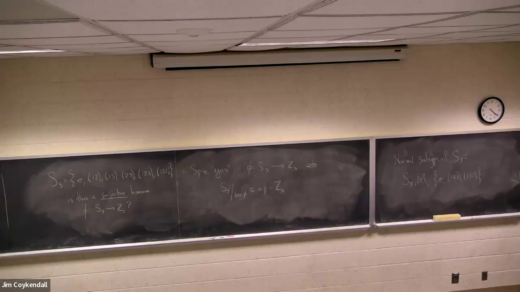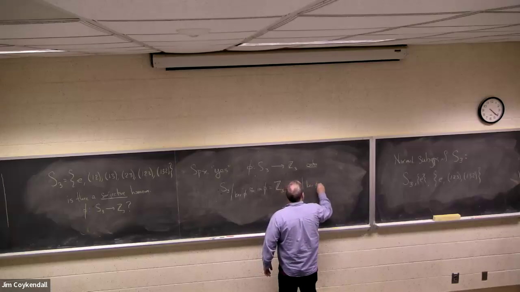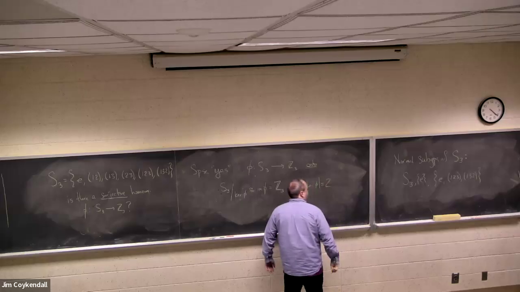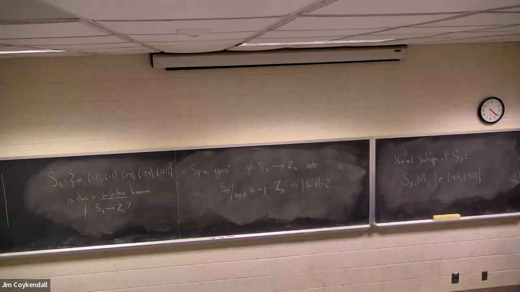That would be 2. Agreed? And the kernel of phi is always a normal subgroup, right? S3 has no normal subgroup of order 2, so it can't have.